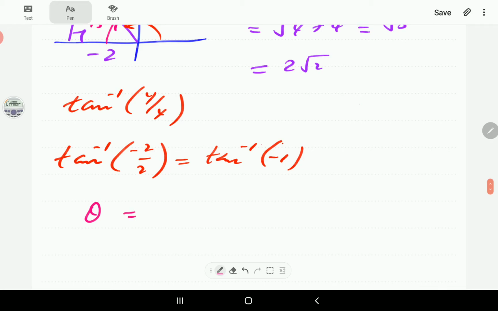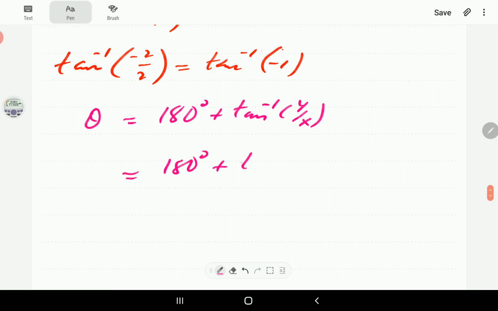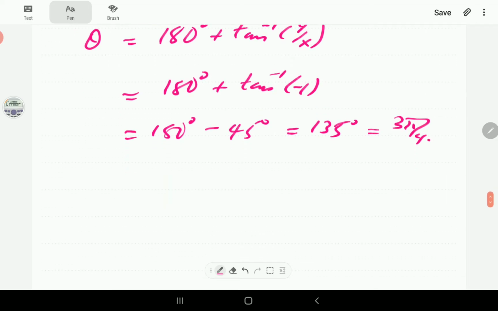So that is where that formula that we did earlier comes from. So in this case, we're going to have 180 plus inverse tangent minus 1, which we've just calculated to be -45. So this is 135. In radians, that is going to be 3 pi over 4.